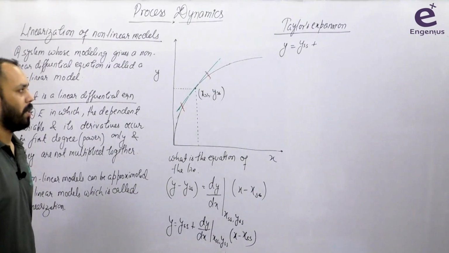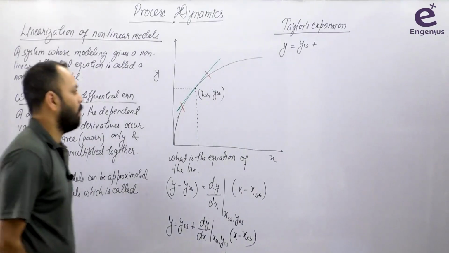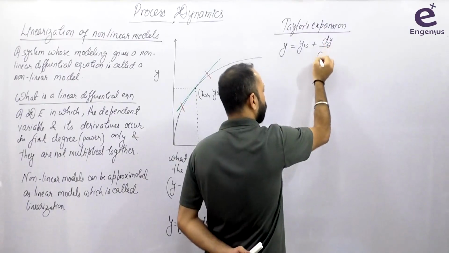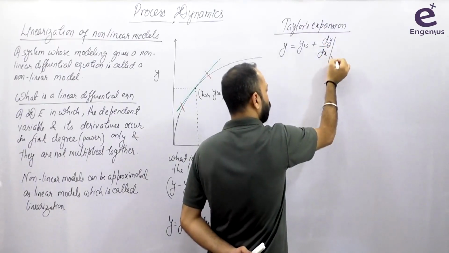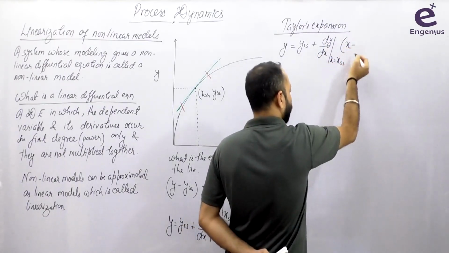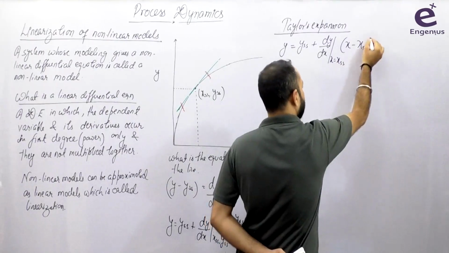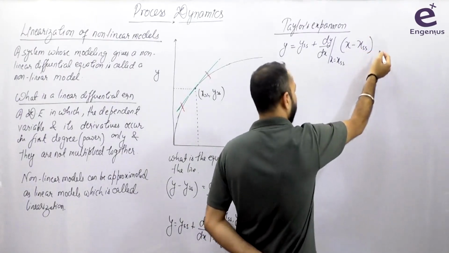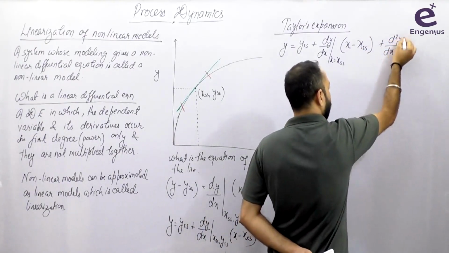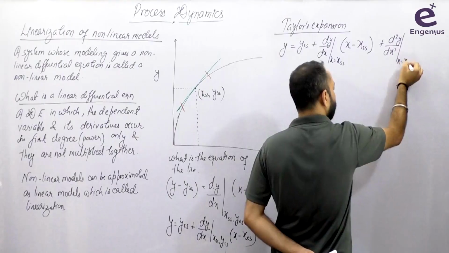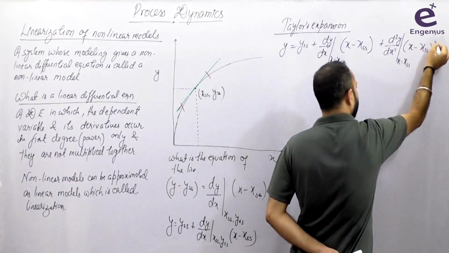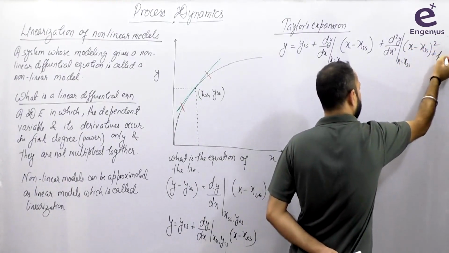The value of y calculated at x is equal to xss, plus dy by dx at x is equal to xss comma yss, times x minus xss, right, plus d square y by dx square at xss comma yss. I'm not writing yss, you can if you want, x minus xss whole square plus higher order terms.